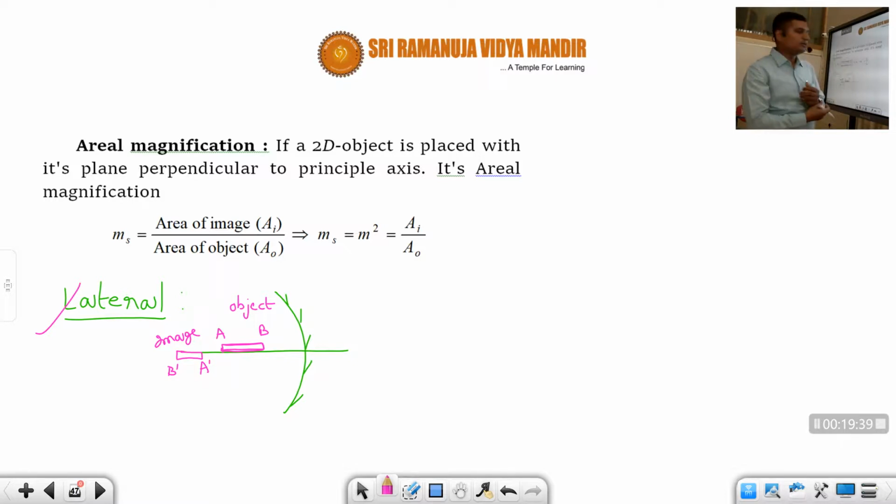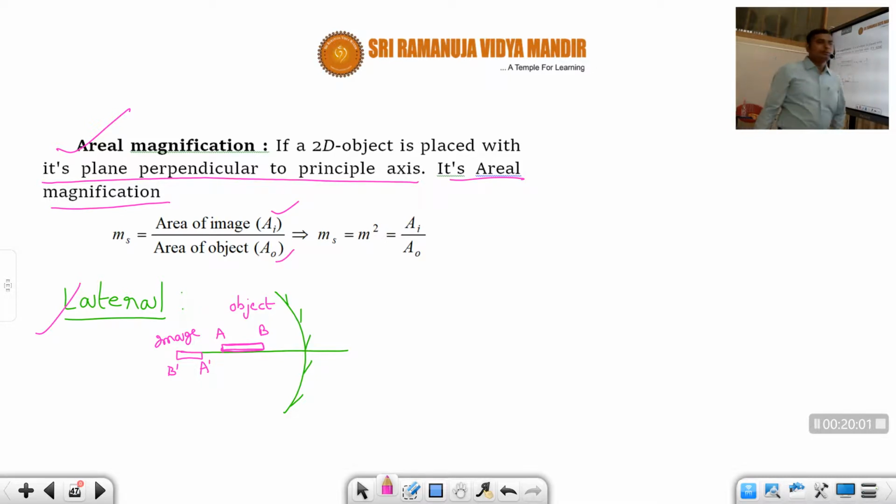When you come to 9th and 10th, we'll discuss it there. Okay, students, apart from lateral magnification, there is one more thing called aerial magnification, which is applicable for two-dimensional objects. Whenever a two-dimensional object is placed with its plane perpendicular to the principal axis, its aerial magnification is given by area of image by area of object.